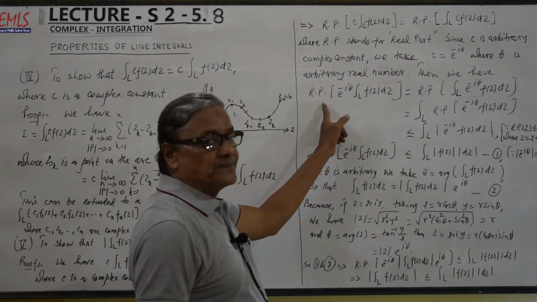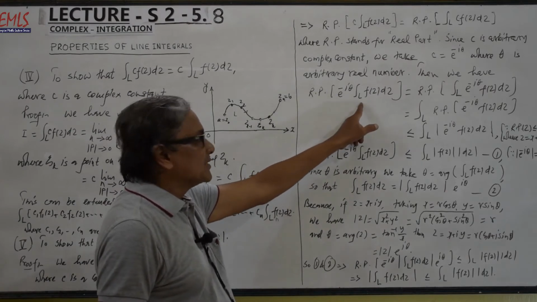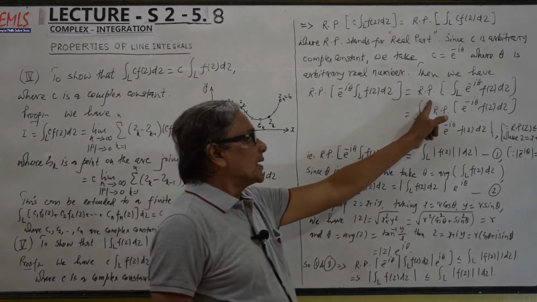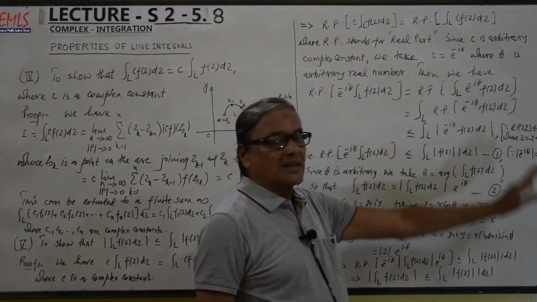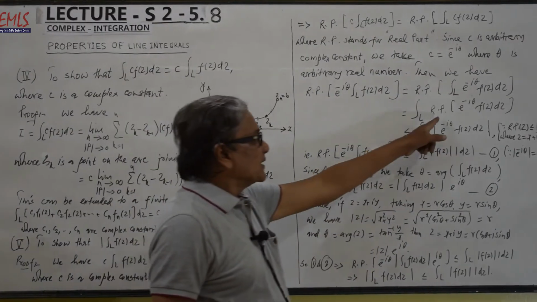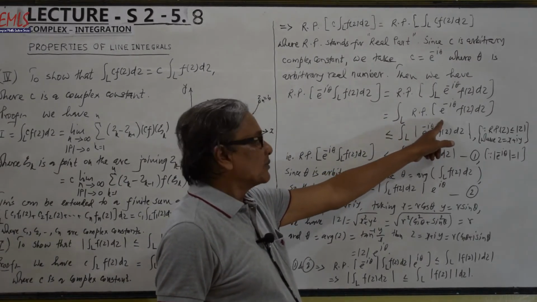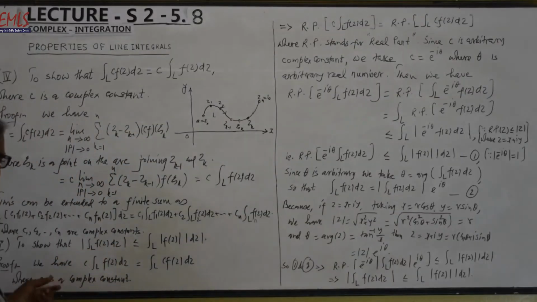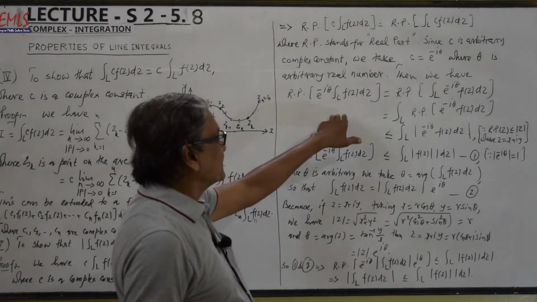Then we have real part of e to power minus i theta times integral over L f(z) dz equal to real part of integral over L e to power minus i theta f(z) dz, and this will be equal to integral over L real part of e to power minus i theta f(z) dz. We have simply substituted the value of c, we have taken c equal to e to power minus i theta.